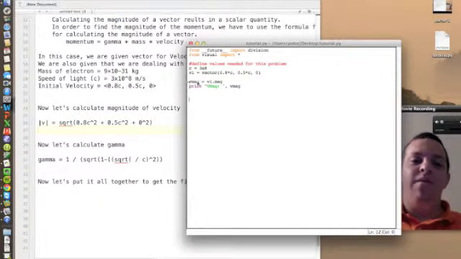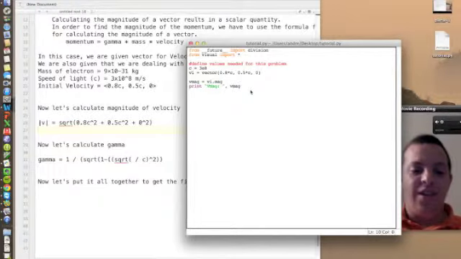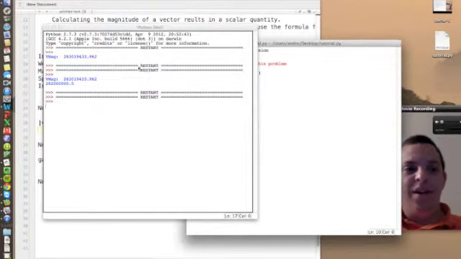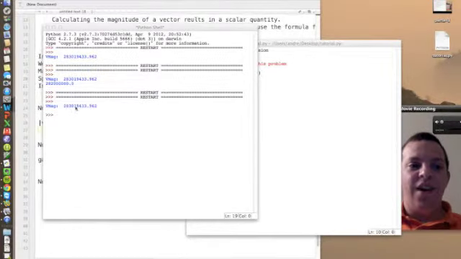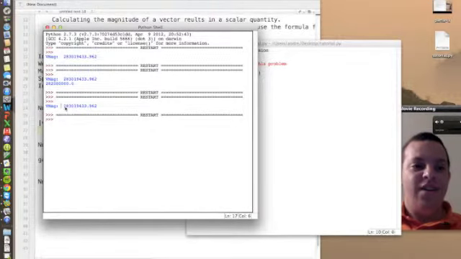So I just typed vmag equals initial velocity .mag, and we're able to get a quantity for that. And I'm gonna just print that out real quick for you guys so you can see what the actual quantity evaluates to. So let's run the program, and you see that vmag is this number right here, pretty large number.